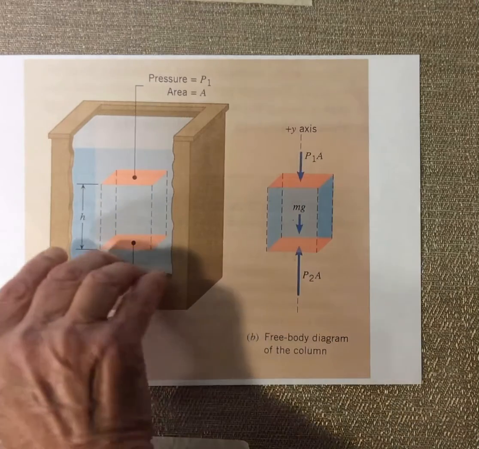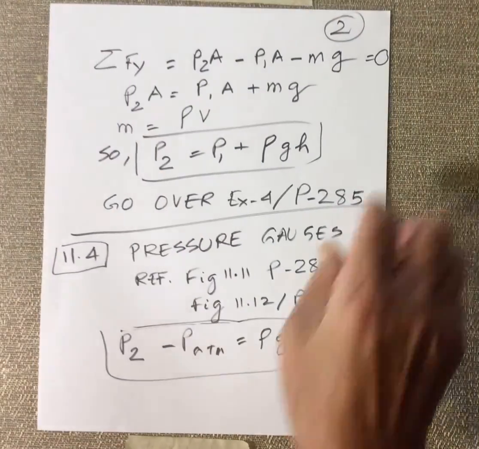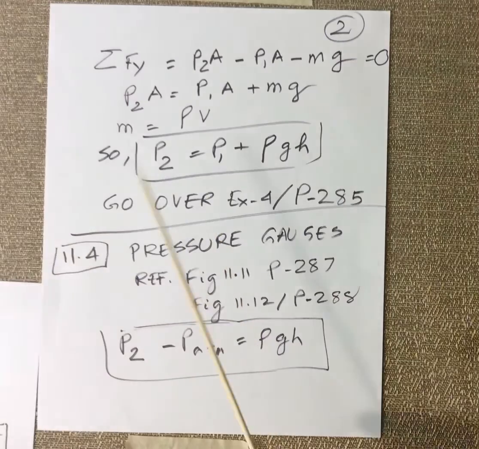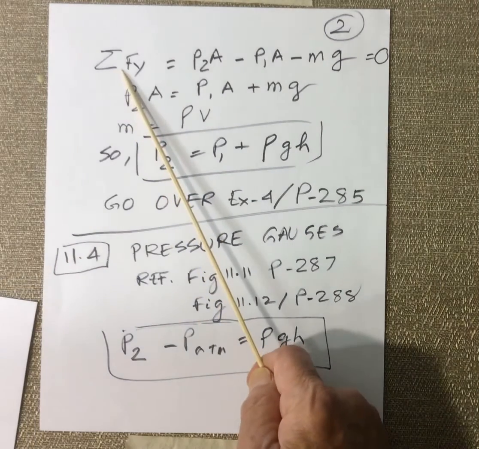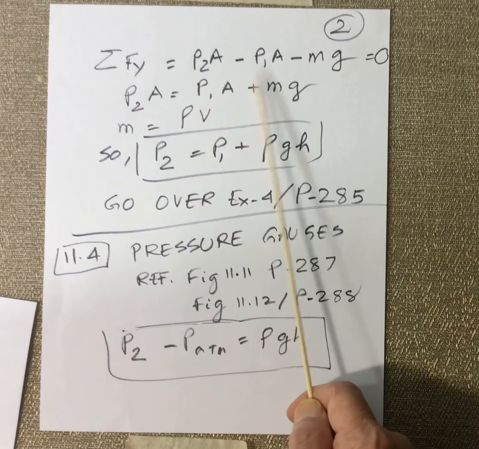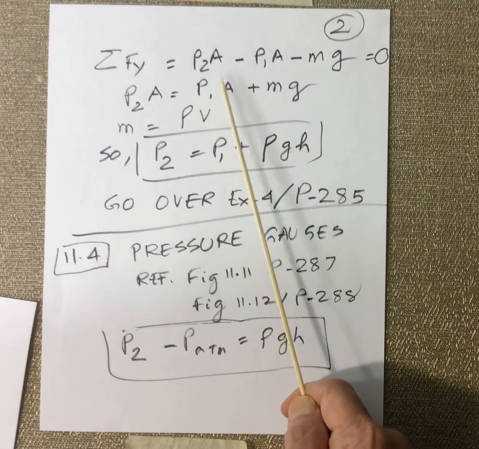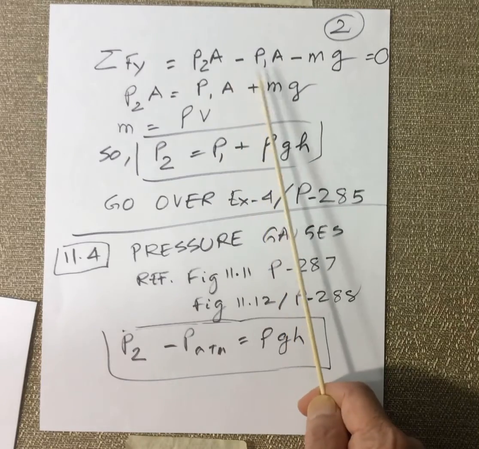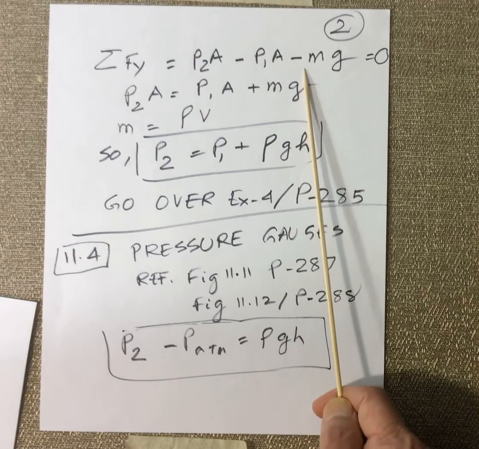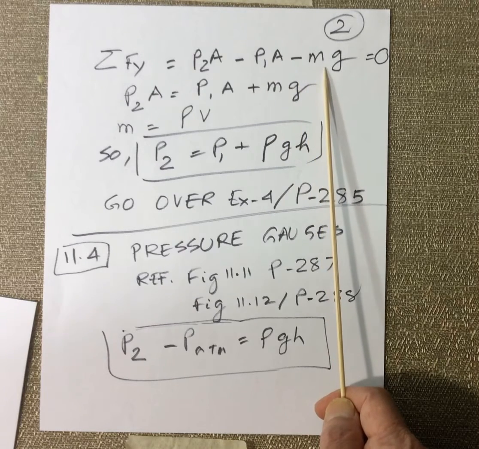So the force in the direction of Y is this. Look at this. You have the sum of all the forces equals P2 minus P1 times A. So it is P2 times A, cross-sectional area, take away P1 times A and take away mg, which is the weight of the fluid.